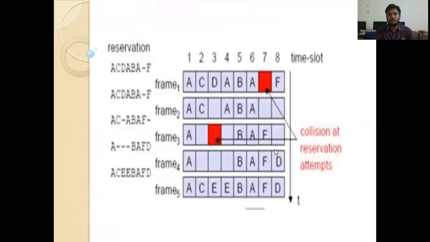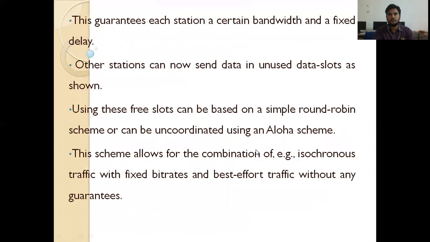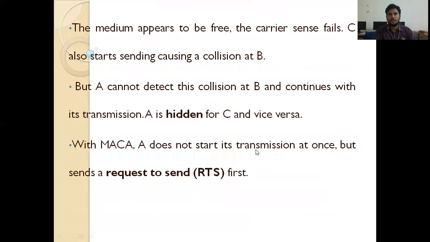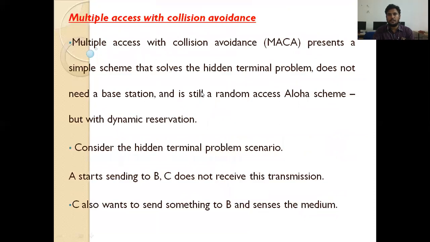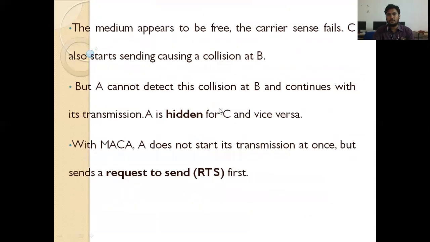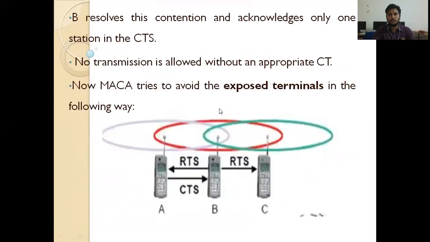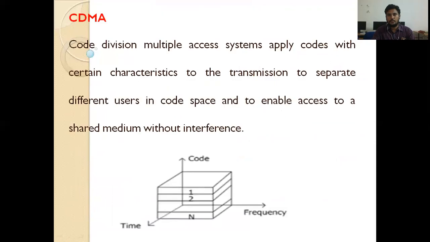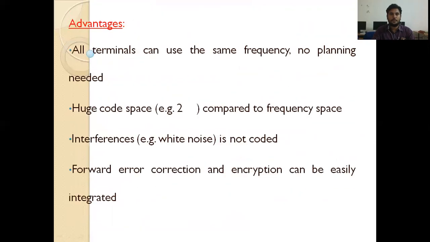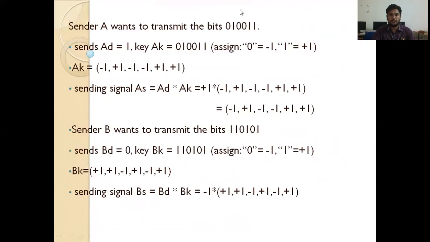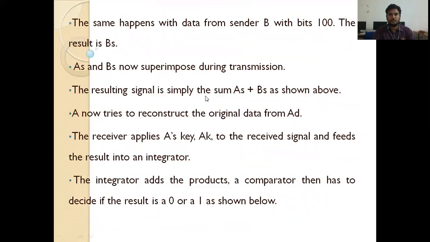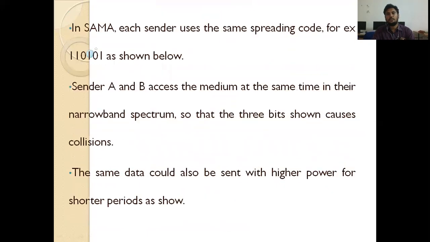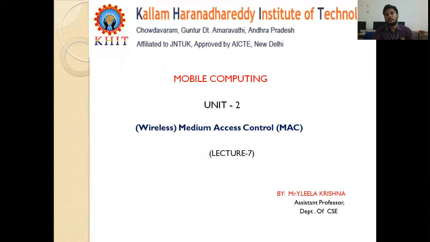In lecture number 5, and the last video, we covered reservation TDMA and MACA, multiple access with collision avoidance, RTS CTS frame formation. In the last video, we covered the CDMA topic with an example. Now we are successfully entering the second part, lecture number 7.